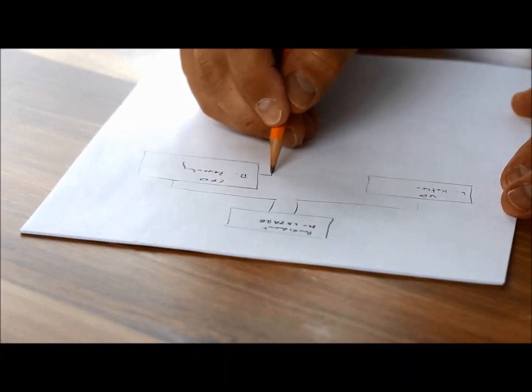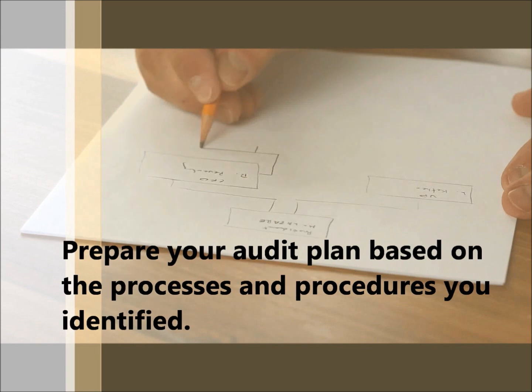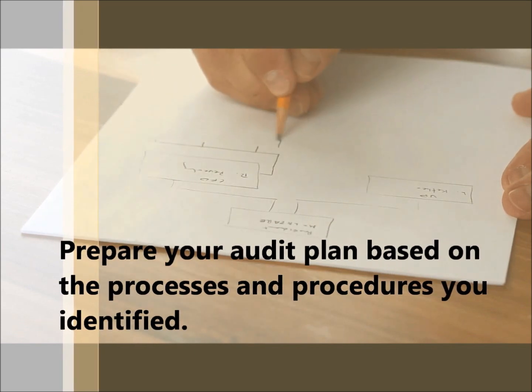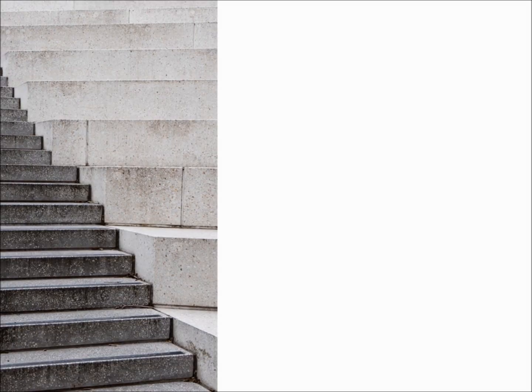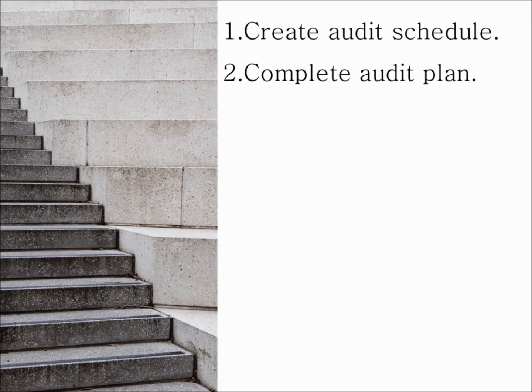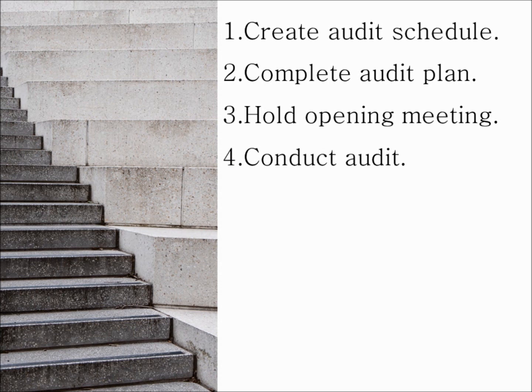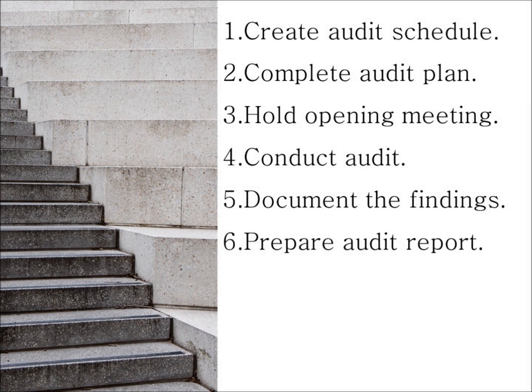Prepare your audit plan based on the processes and procedures you identified. Create audit schedule. Complete audit plan. Hold opening meeting. Conduct audit. Document the findings. Prepare audit report. Hold closing meeting. Prepare audit file. Follow up.